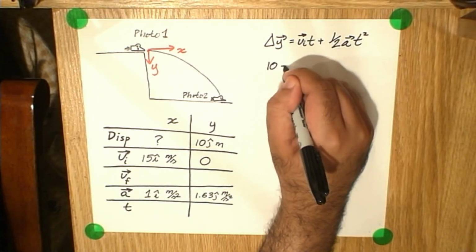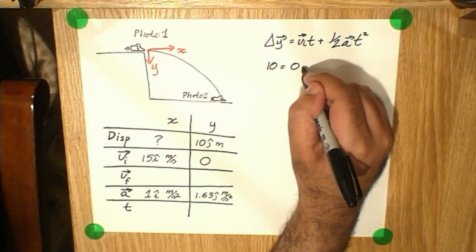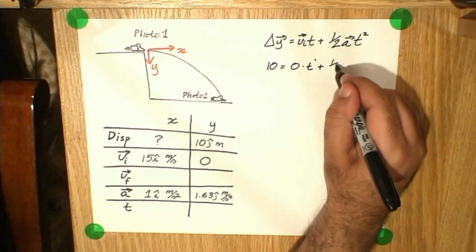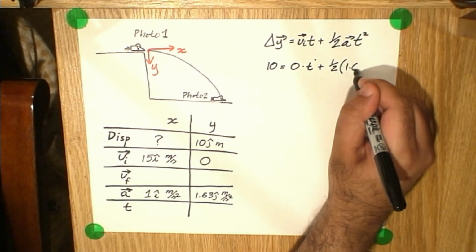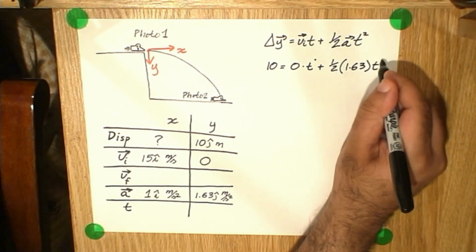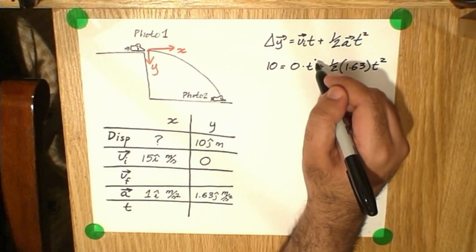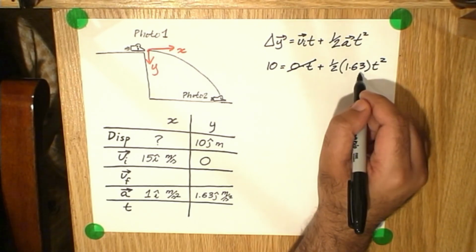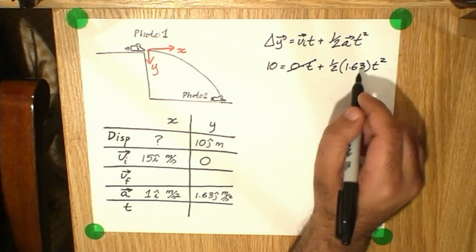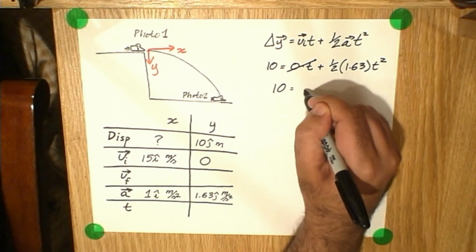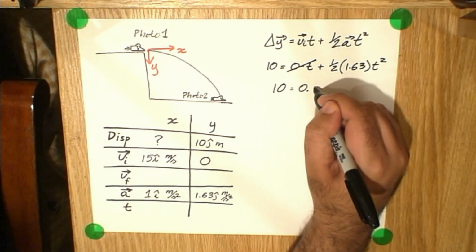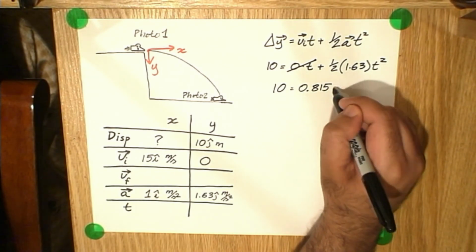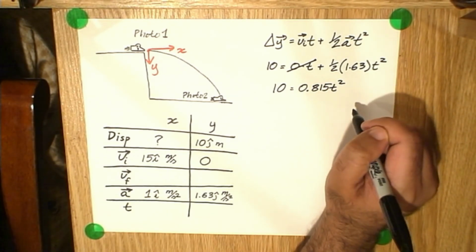Displacement 10 is equal to initial velocity, 0, times time, unknown, plus 1/2 acceleration, 1.63, times time squared. 0 times t is 0, so this term cancels out. Half of 1.63 is going to give us 0.815 t squared.